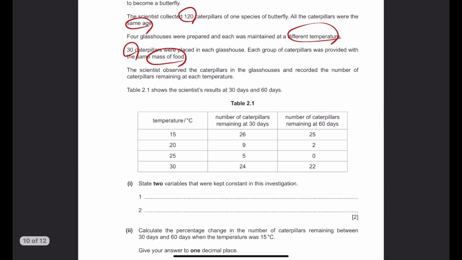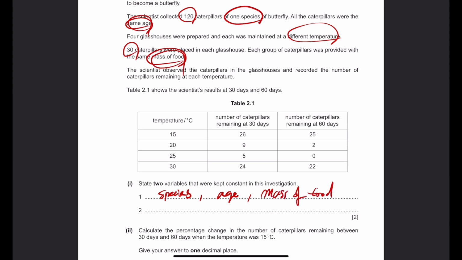State 2 variables that were kept constant in this investigation. So it says already, right? One species. So species were kept constant. The type of species. Same age. Mass of food. And the number of caterpillars.